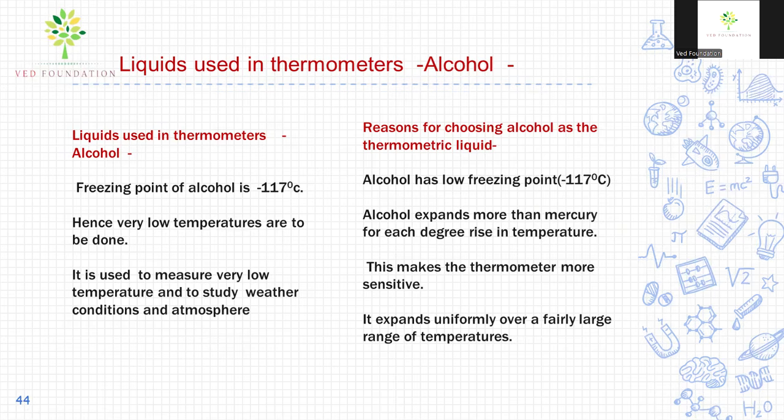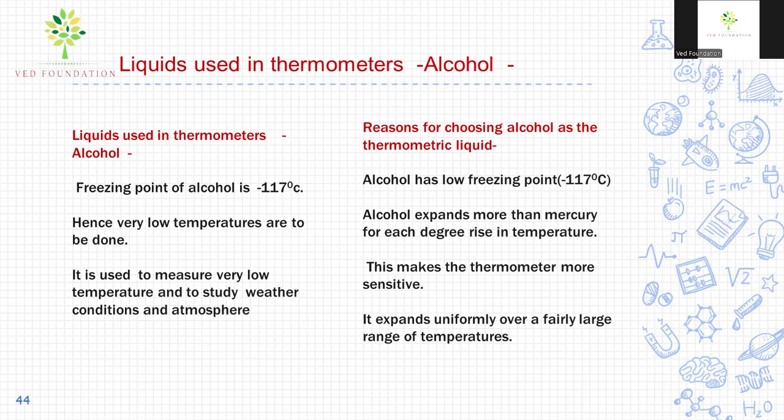So if alcohol is used in thermometer, very low range of temperature can be measured. Means below 0 degrees Celsius up to minus 117 degrees Celsius. It is used to measure very low temperature and to study weather conditions and atmosphere. At polar region, the scientists use alcohol thermometer to measure very low temperature.